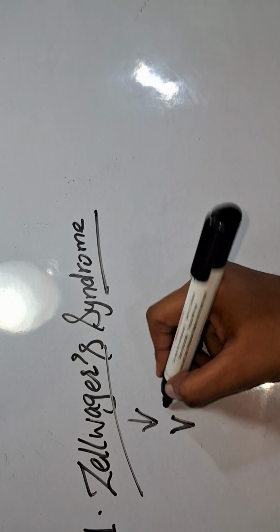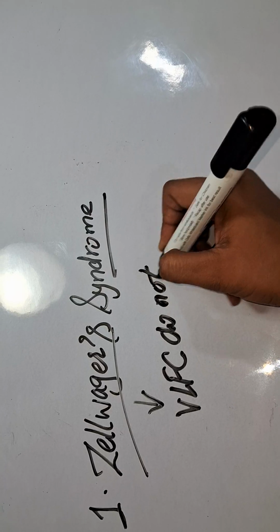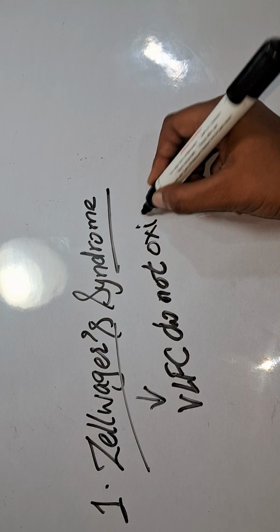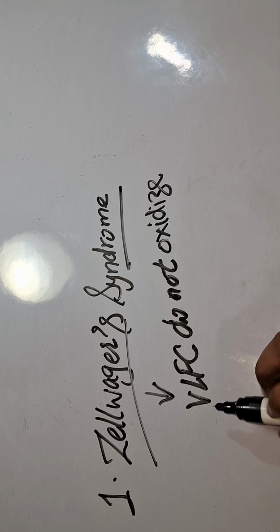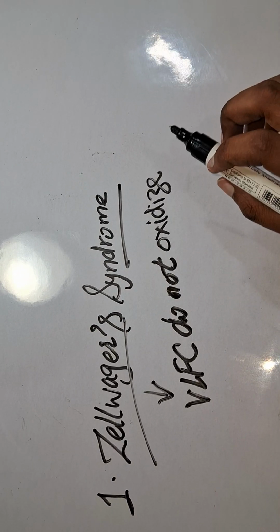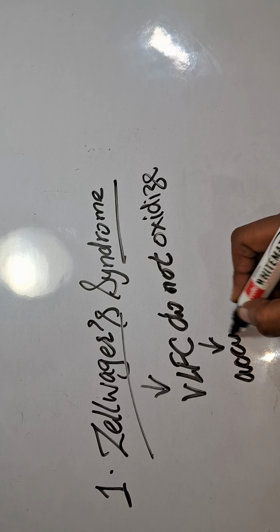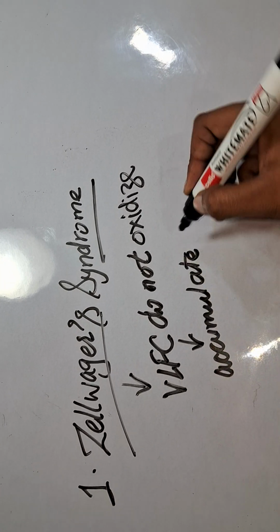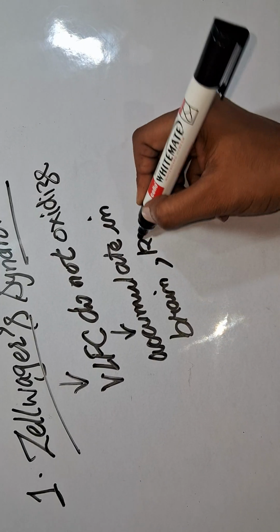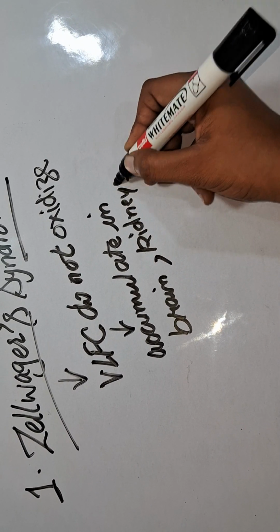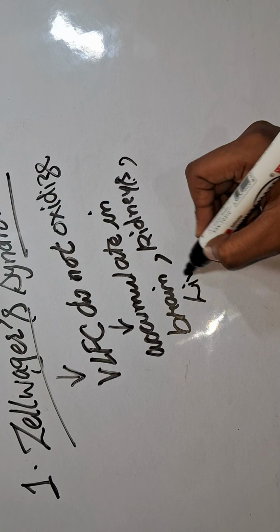In case very long chain fatty acids do not oxidize due to some defect in the peroxisomes, it will accumulate in brain, kidneys, as well as in liver.